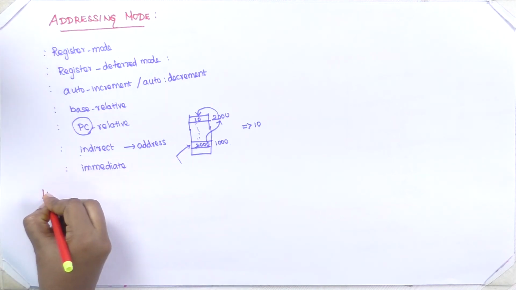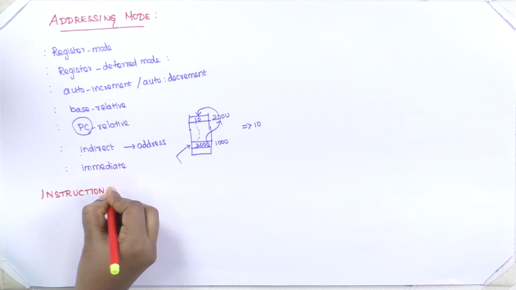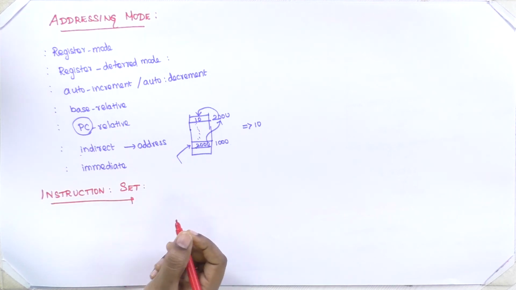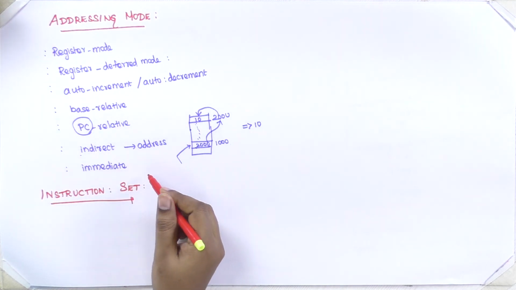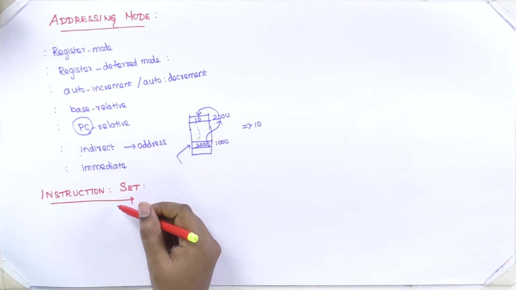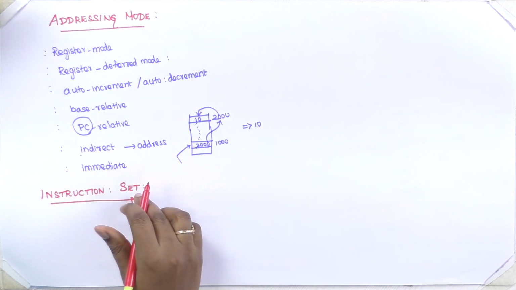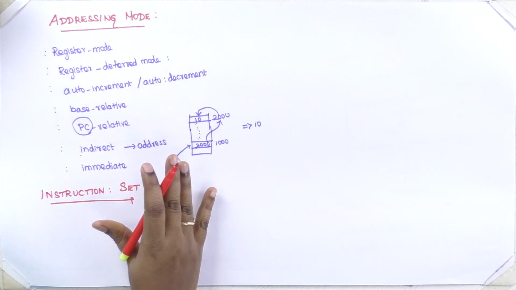Next hardware feature is instruction set. The goal in VAX architecture is to provide an instruction set which is symmetric with respect to data type. Here we have a certain mnemonic format for each and every instruction.